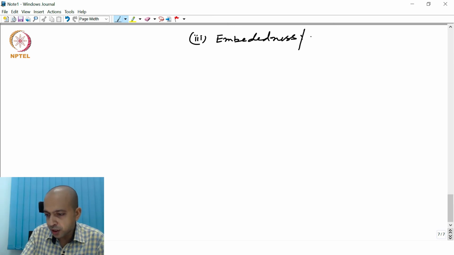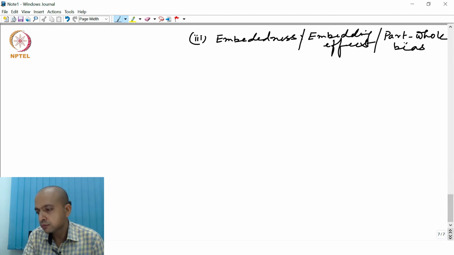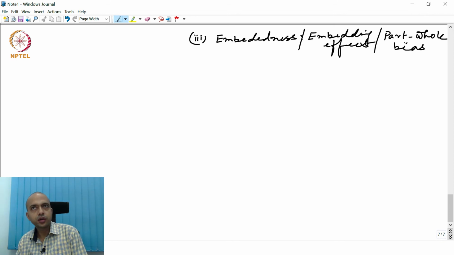Or sometimes it is called the embedding effect, or part-whole bias. Right? What is this? So first I will explain with an example.